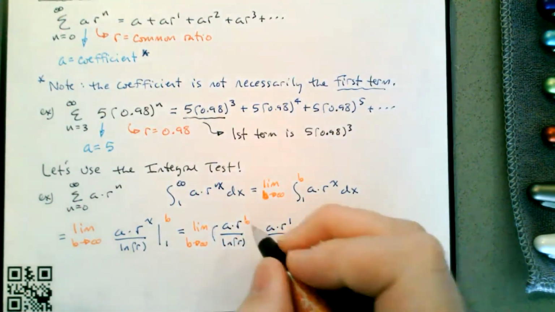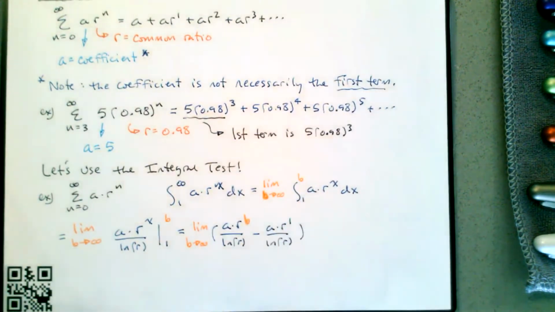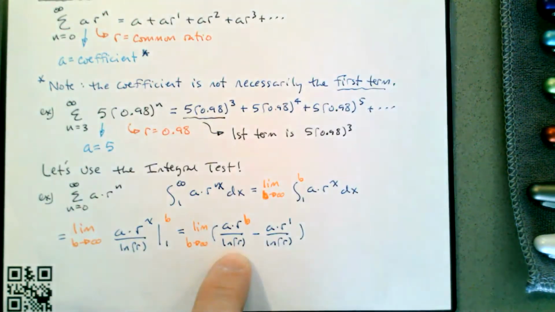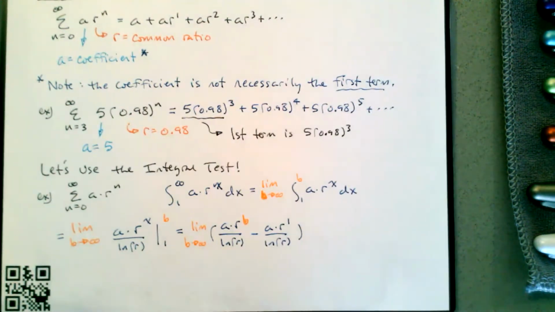And so now the value of this limit, or whether or not this limit exists, depends on the value of r. If r is greater than 1 in absolute value, then this term with r to the b will go to infinity. So this limit does not exist if r is greater than 1 in absolute value.